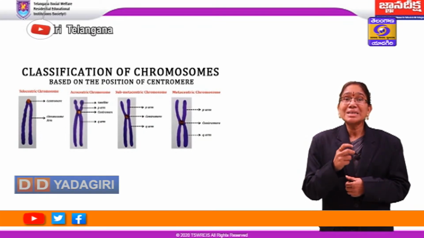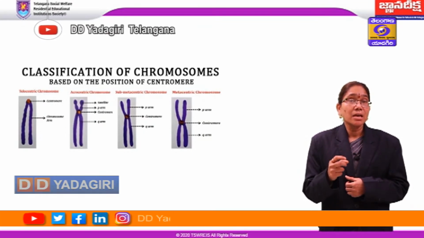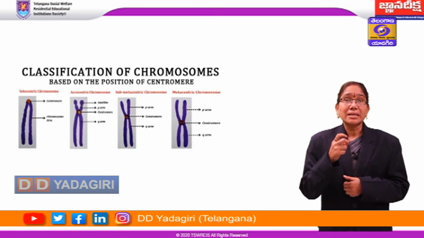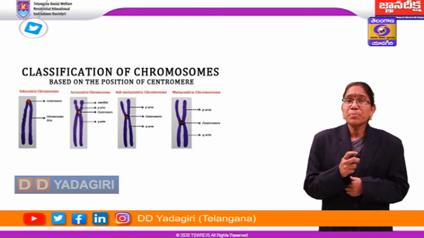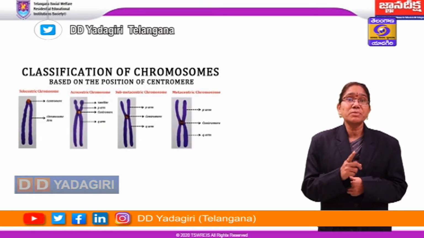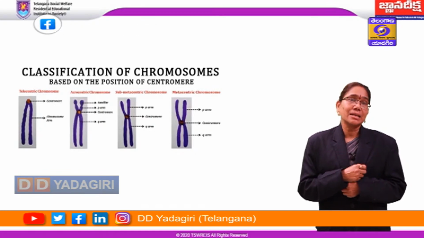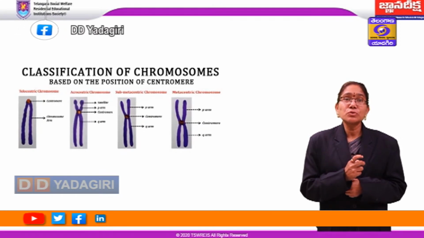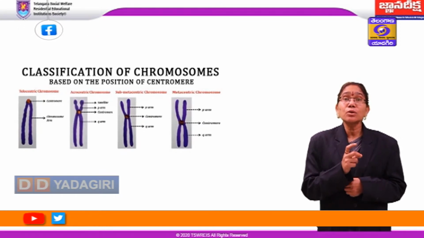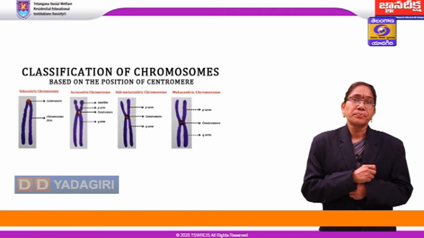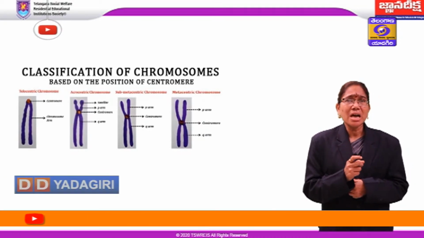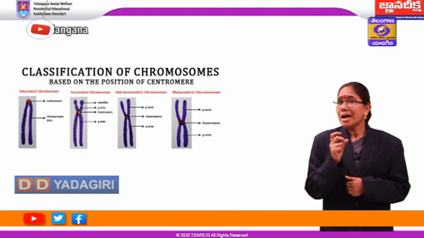The chromosomal tips are called telomeres, and these chromosomes appear as eye-shaped structures in the metaphase stage of the cell cycle. This type has only one chromosomal arm. Telocentric chromosomes are very rare in occurrence.